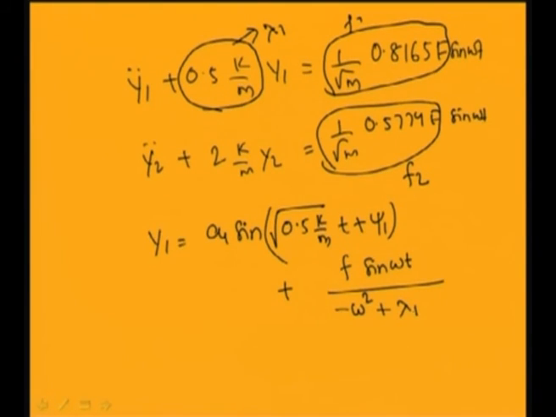So the solution becomes a1 sin root over 0.5 k by m t plus psi 1, plus f1 sin omega t by minus omega squared plus lambda 1.